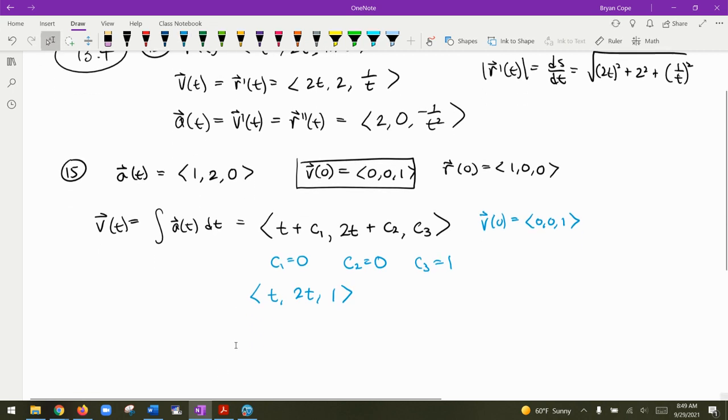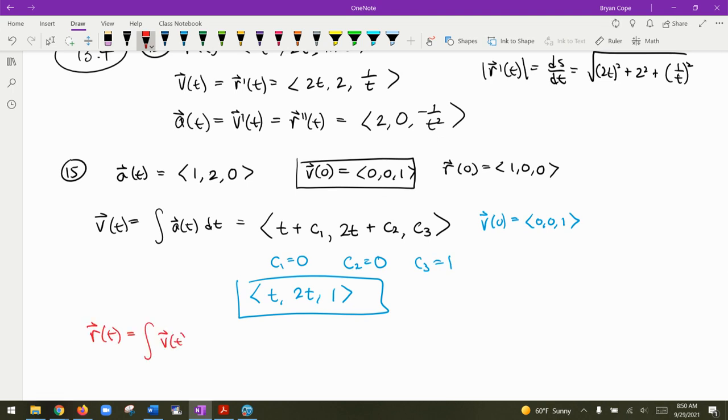And now we're going to find the position vector from that. So r of t is the integral of v of t dt. So we've got t squared over 2 plus c4. I'm going to use a different constant each time. t squared plus c5, and then t plus c6. And then here is where we're going to use this quantity right here.